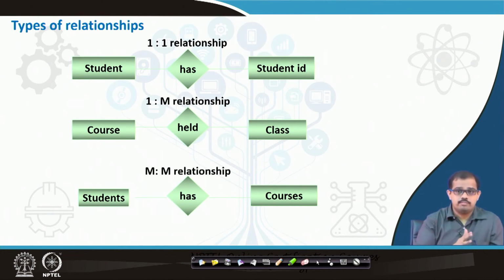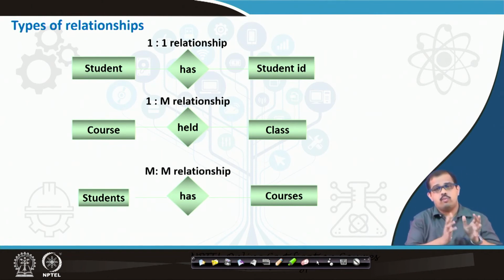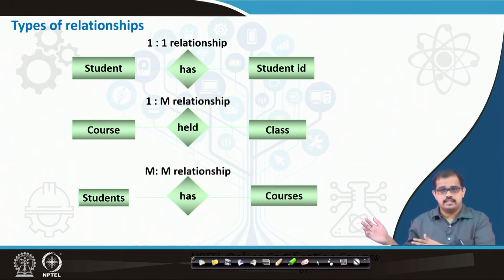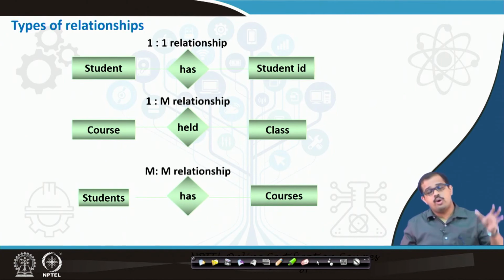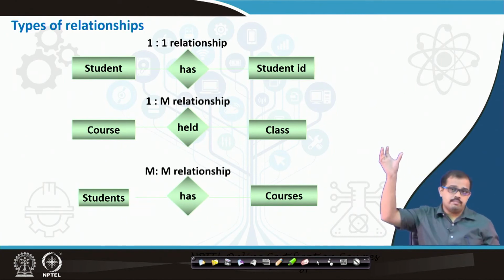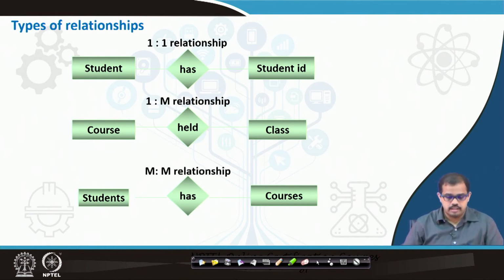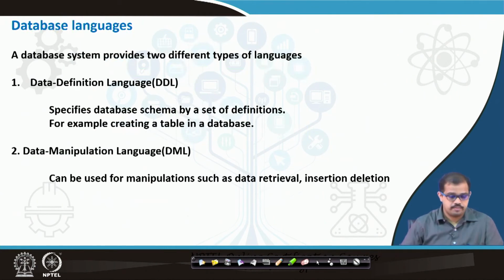Whereas 1:many is defined between one entity and many entities, that a relationship connects. Then you have the many to many relationship, where many entities and many entities are related through various means. So that's about the types of relationship that exist.